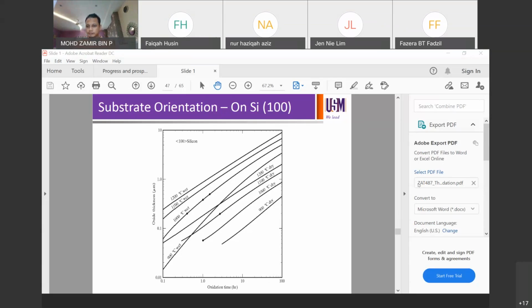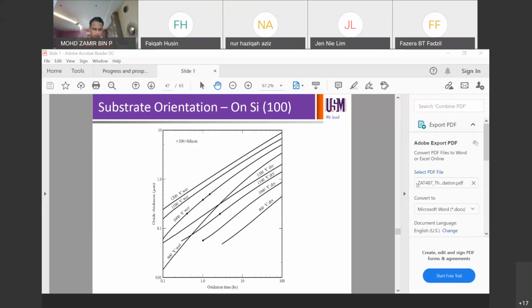Right, anyone? Simple, right? Reading the graph and that's it. No analysis required. Izian, what do you get? 1 hour, 1000 degrees C, wet process, 100 silicon.